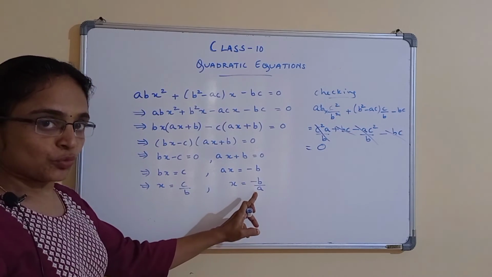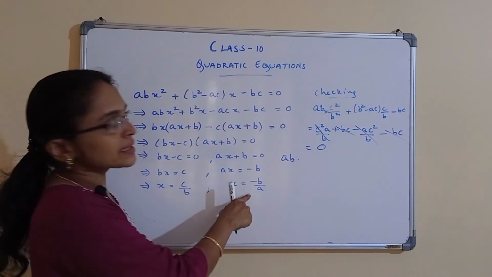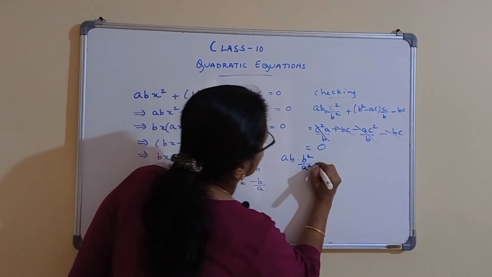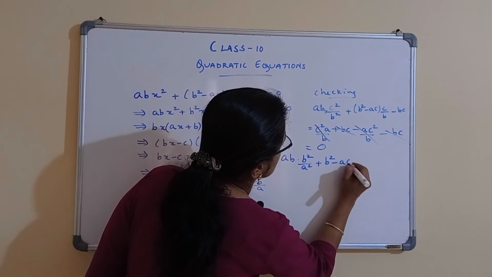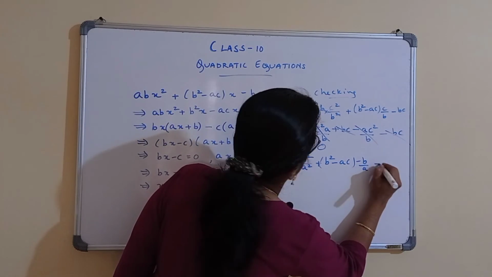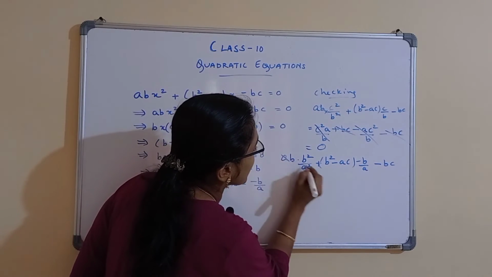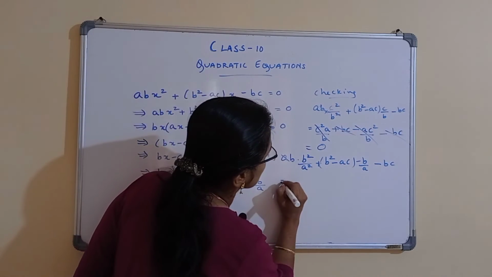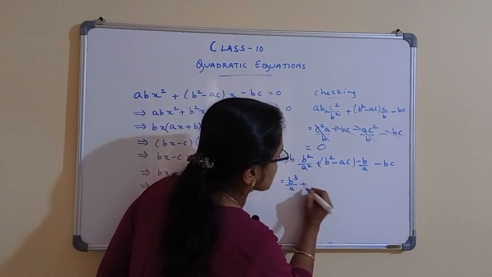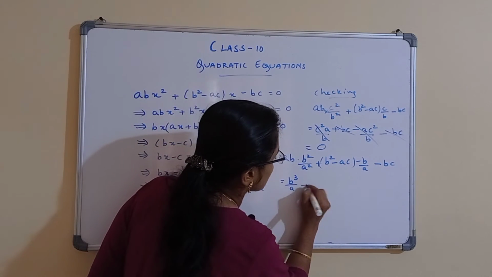Now if we put minus b by a in place of x, we have ab into minus b by a squared, which is b square by a square. Then plus b square minus ac into minus b by a, minus bc. Okay, so this is equal to, one a will get cancelled, so this is equal to b cube by a, then plus b square into minus b by a is minus b cube by a.